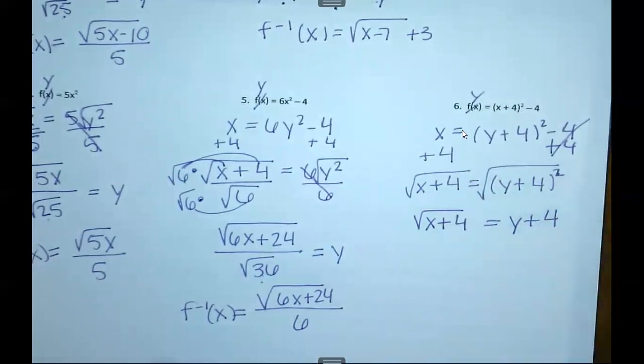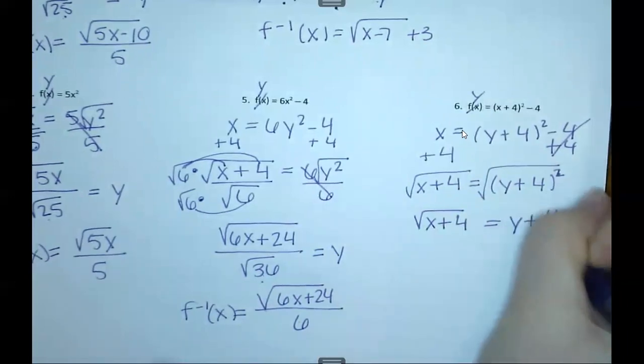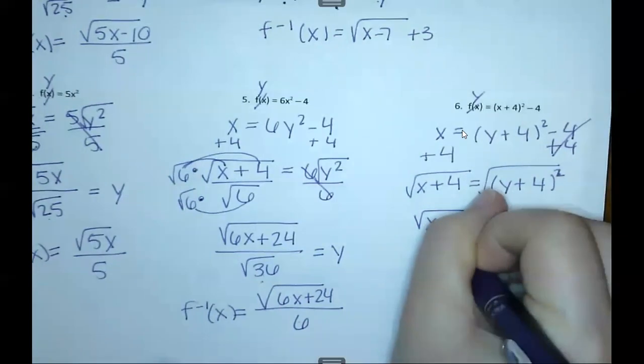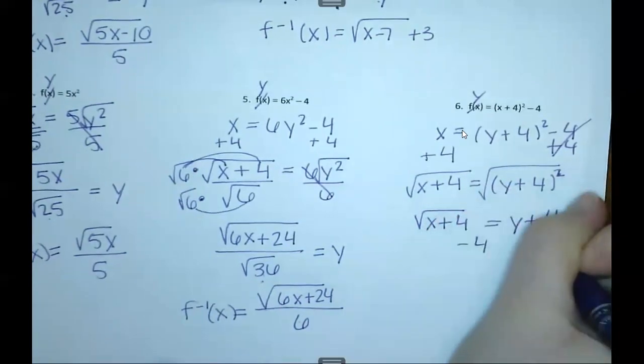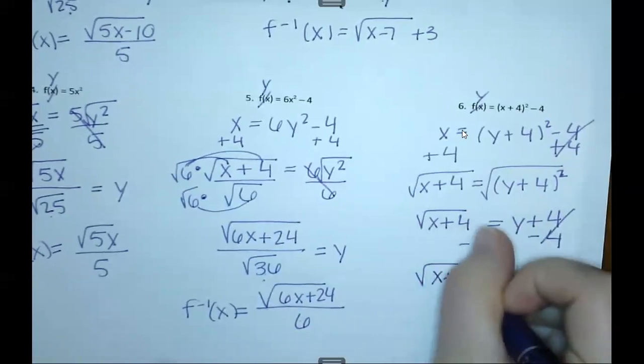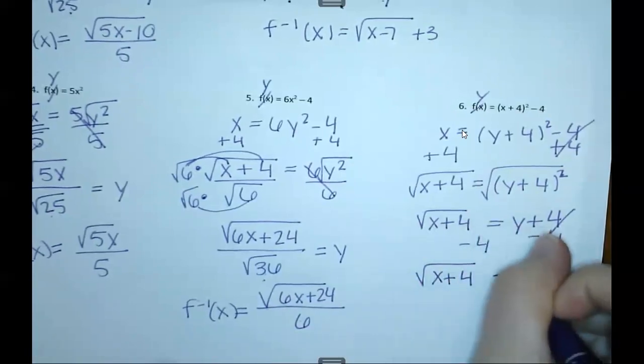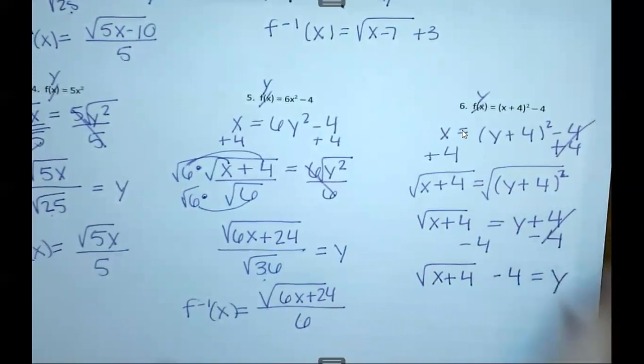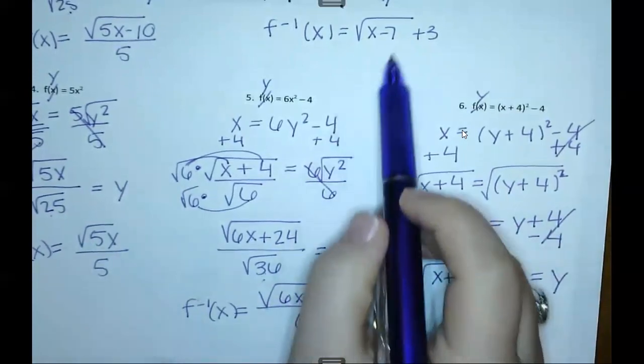So I have the square root of x plus 4 equals y plus 4. Most of us made it this far. Then I need to move that 4 over. I'm going to subtract 4 from both sides. So I have the square root of x plus 4 minus 4 equals y. This is very similar to number 2.